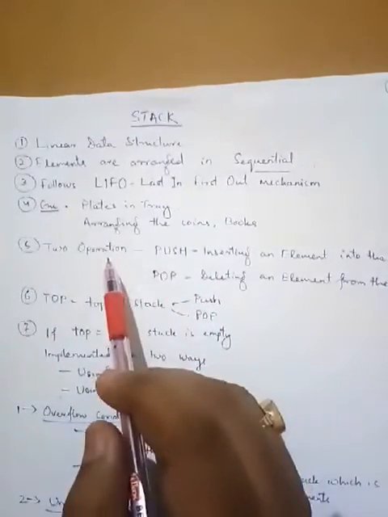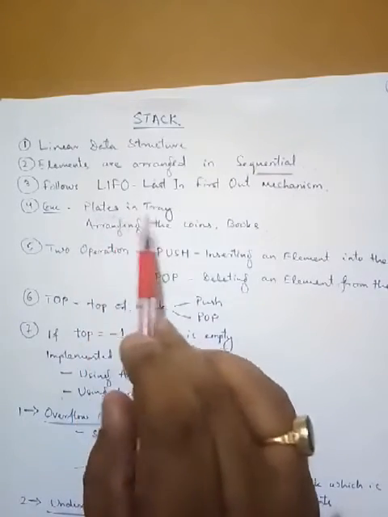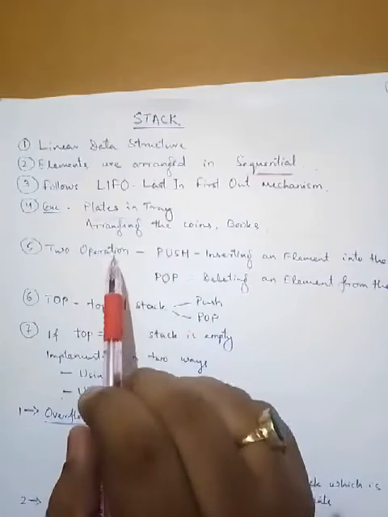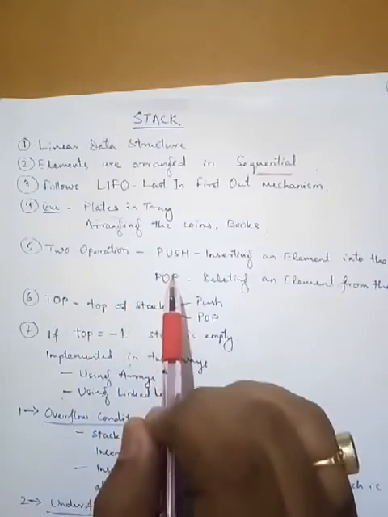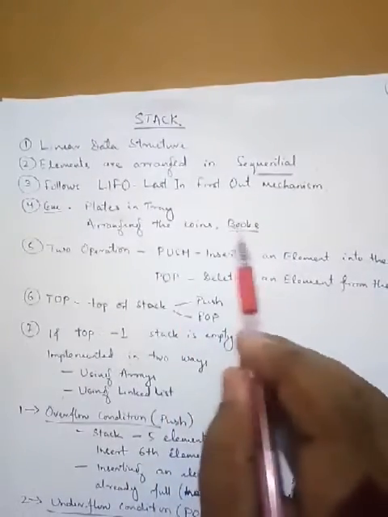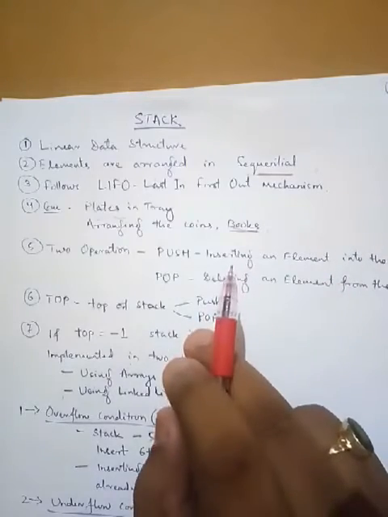So the simple example is the stack of plates, or plates in a tray, or the coins which are arranged in a stack. Or you can take the example of a stack of books. That means one book is kept over another book.